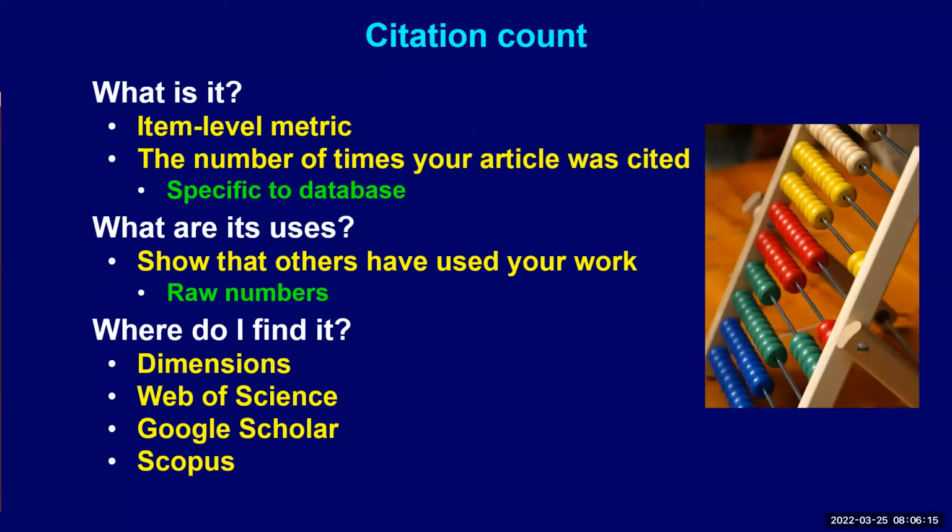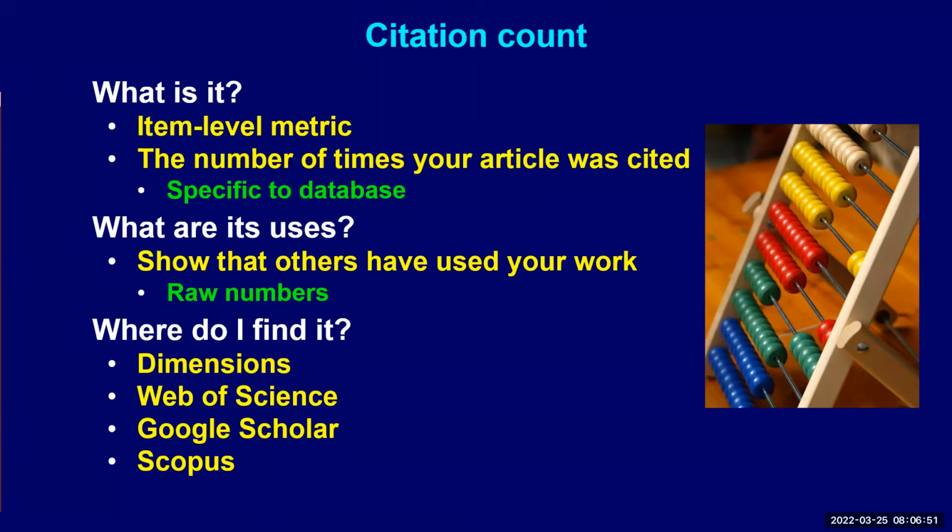So as I stated, the citation count is an item level metric, and it's just as the name implies, it's the count of the number of times an item like a journal article was cited by other items. And that is specific to the database, by which I mean it's how many times it was cited by other articles in that database.